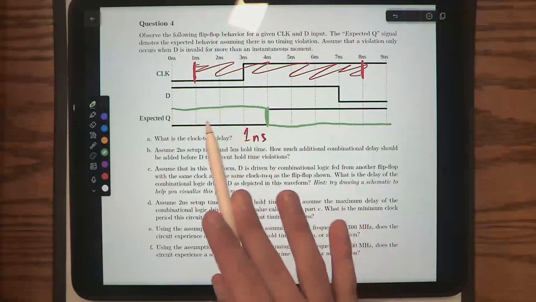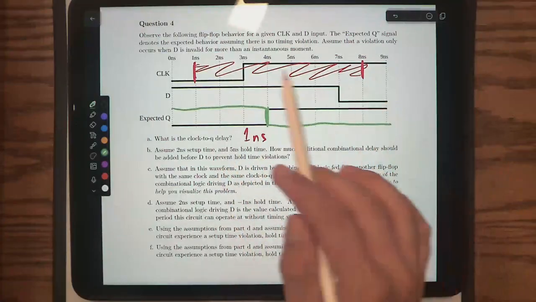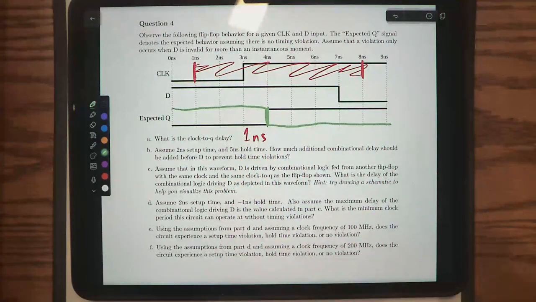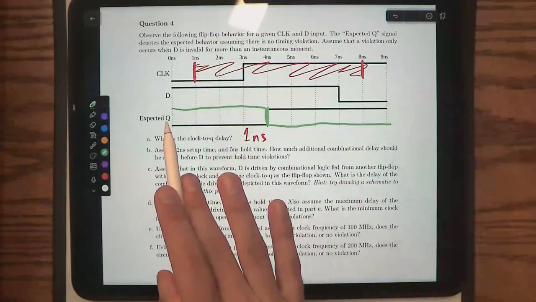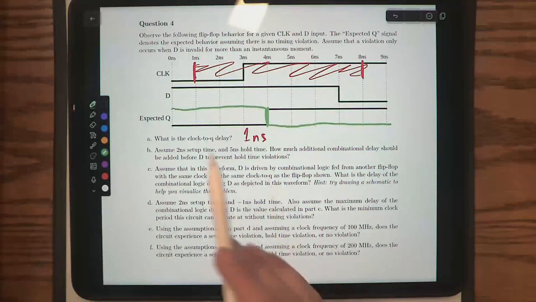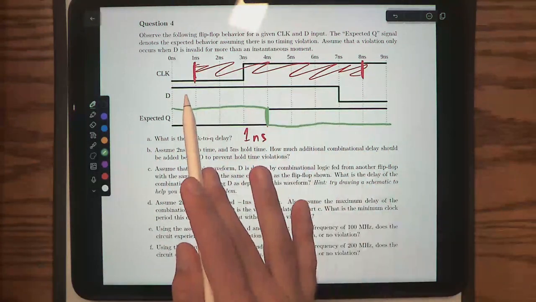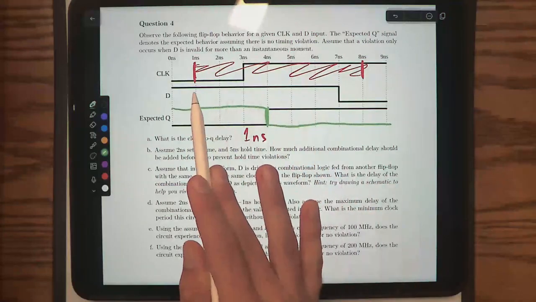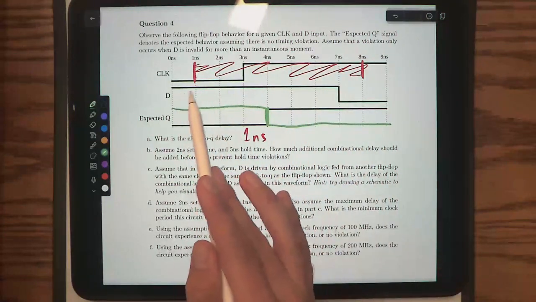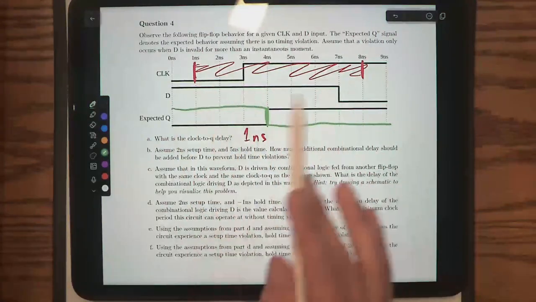I feel like maybe this doesn't make the most sense because the hold time is so much longer than the clock to Q, but the example still stands: the expected Q is what you look at to determine whether it's a setup or hold violation. We're expecting it to drop to 0, but it wasn't 0 until the very end. So it wasn't set up at 0 early enough.